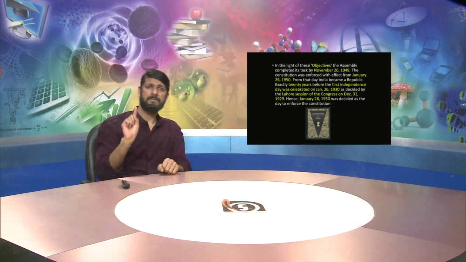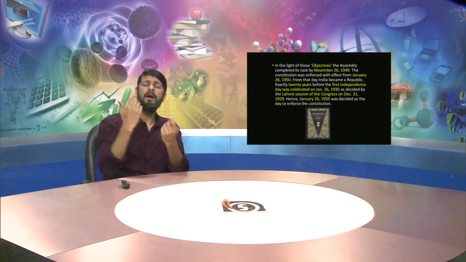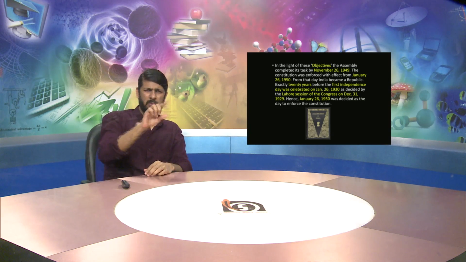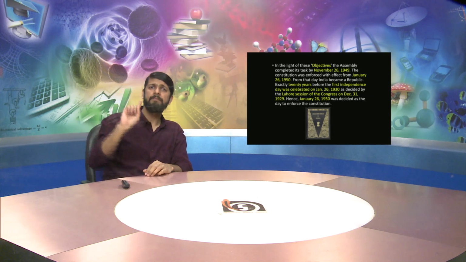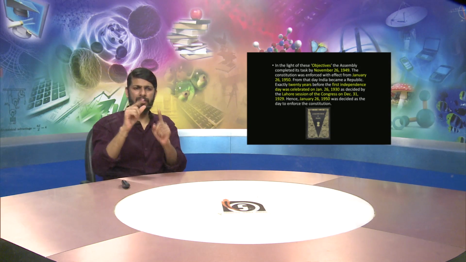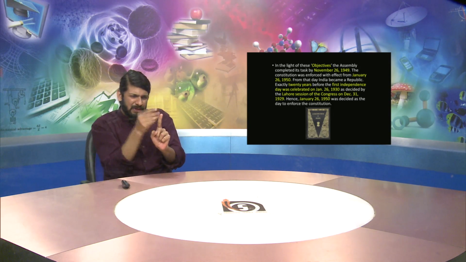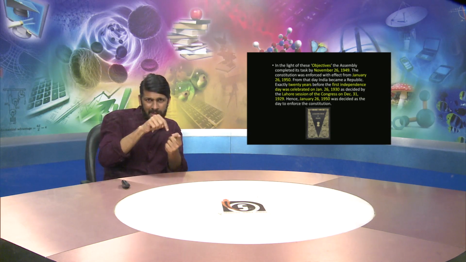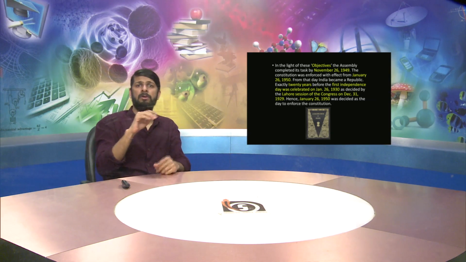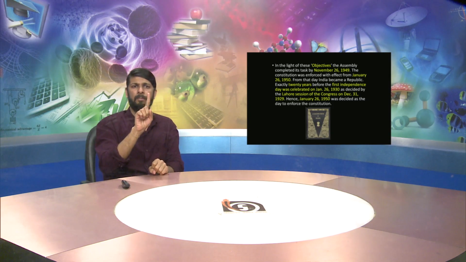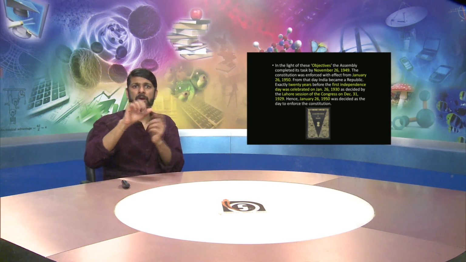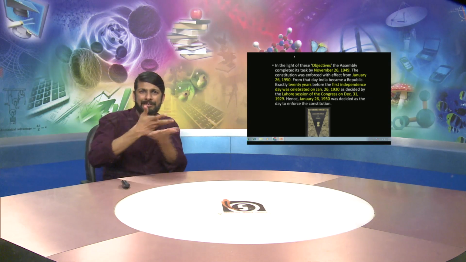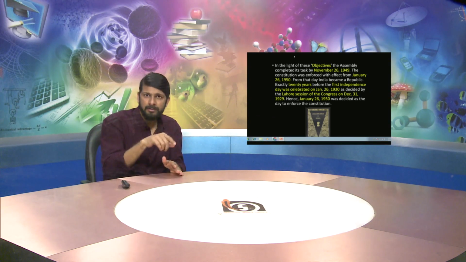Exactly 20 years before, the first Independence Day was celebrated on January 26, in the year 1930, as decided by the Lahore session of the Congress on December 31st, in the year 1929.